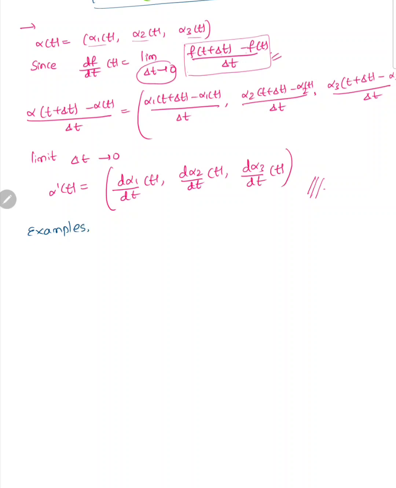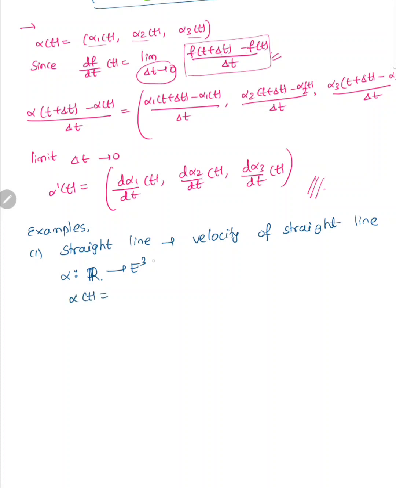As we have taken the famous, most well studied curves, the first one is the straight line. We are studying the velocity of a straight line. The straight line equation is alpha, a function from I to E3, I equal to R, such that alpha of t is equal to P1 plus tQ1, P2 plus tQ2, P3 plus tQ3.